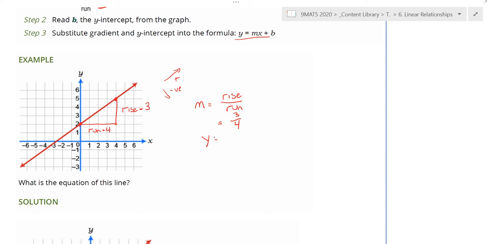So in my formula, y equals mx plus b, m equals 3/4, b is equal to 2, so y equals 3/4 x plus 2. We're finding that point at 0, 2, and our b value is the y value.